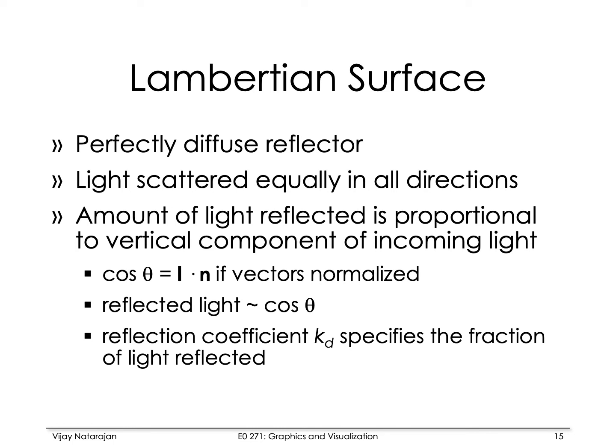The amount of light that it reflects in all these directions is proportional to the vertical component of the light. So cosine of theta, where theta is the angle formed between the light and the direction to the light source.